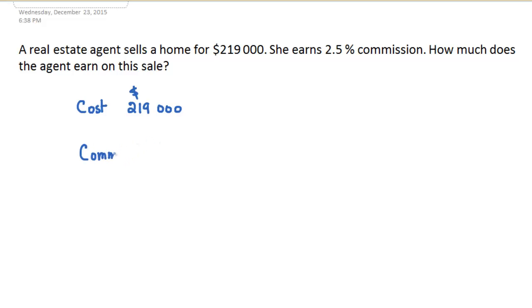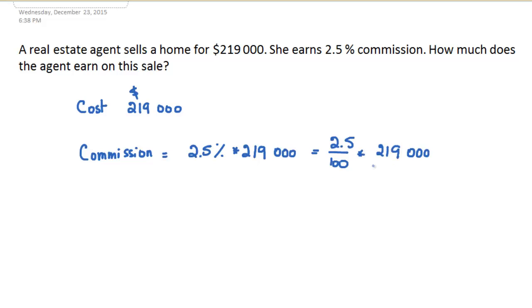That means commission equal 2.5% of the amount of the house. That means 2.5 over 100 of the amount of the home. Or if I want to transfer to decimal, I can use the division.